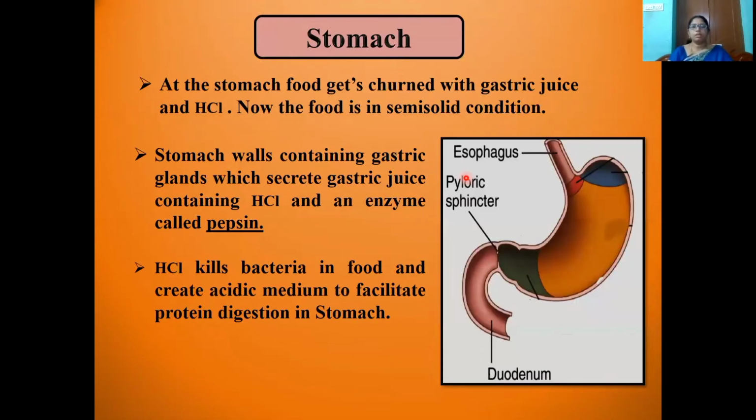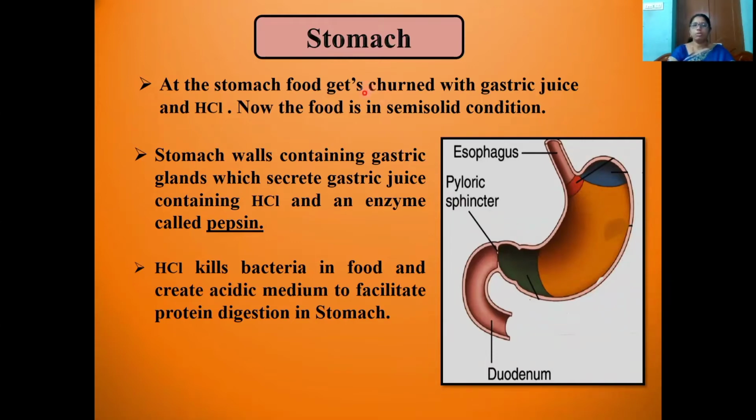The next part is the stomach. Children, we can see this picture. This is the esophagus. This is the stomach. This is the pyloric sphincter. This is the duodenum. The food is passed to the stomach through the esophagus by peristaltic movement. Stomach walls contain gastric glands which secrete gastric juice.